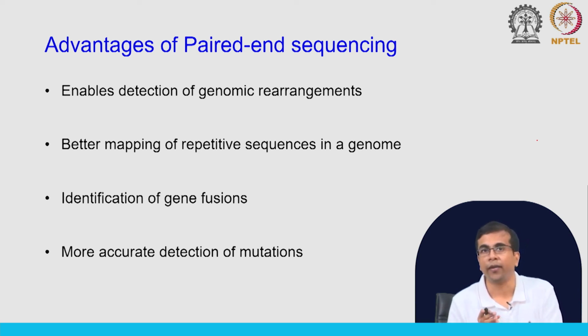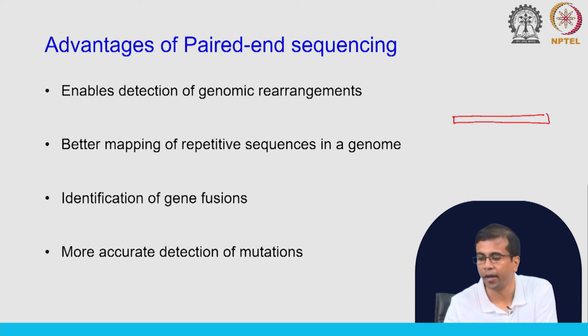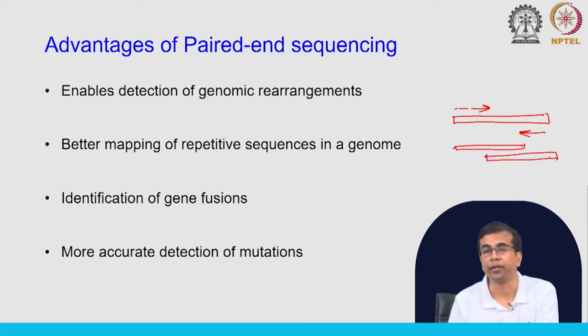And then finally, we can also detect mutations more accurately. So, this is actually quite simple. Imagine this fragment, we are sequencing from both ends and we generate these reads. Okay. And there may be an overlap between these two parts. So, we are sequencing from both directions, and we do that sometimes also in Sanger sequencing. We sequence a DNA fragment from both directions, and in this overlapping part, let us say we find there is a mutation here, a change from some base to another.